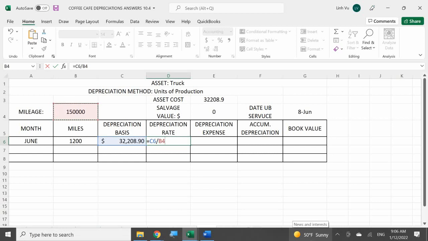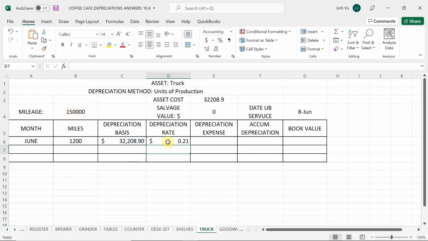Yes. So in this case, how much is that? $0.21. 21 cents, okay? So I'm going to expand that because it's definitely more than 21 cents.